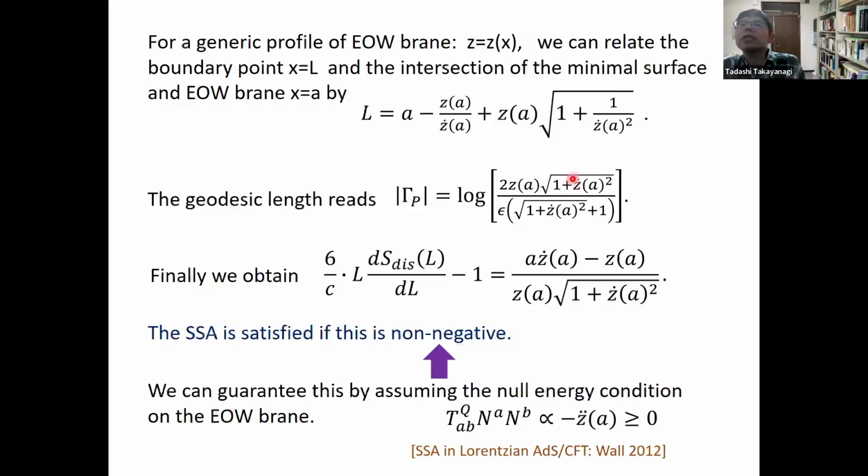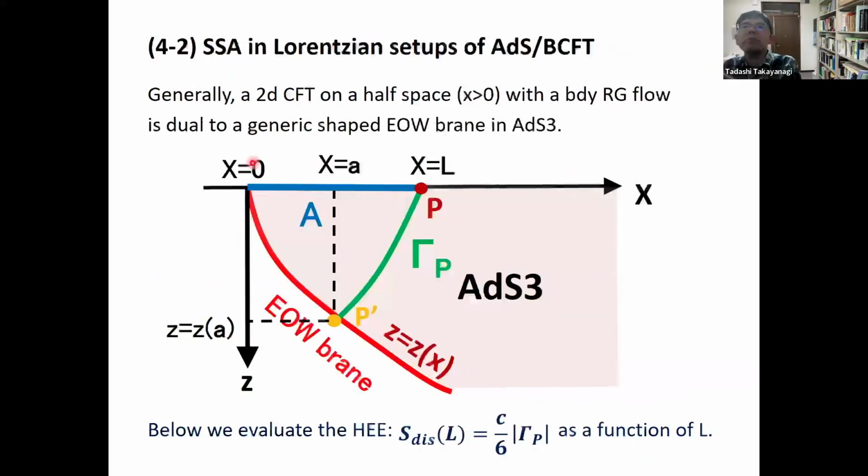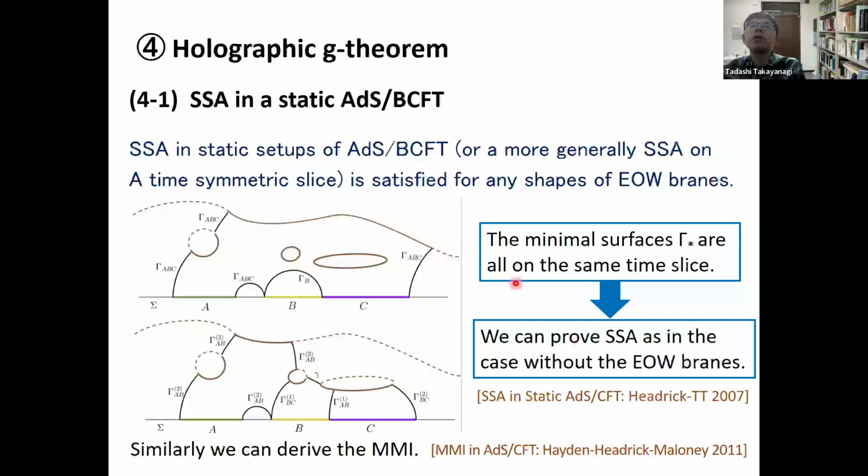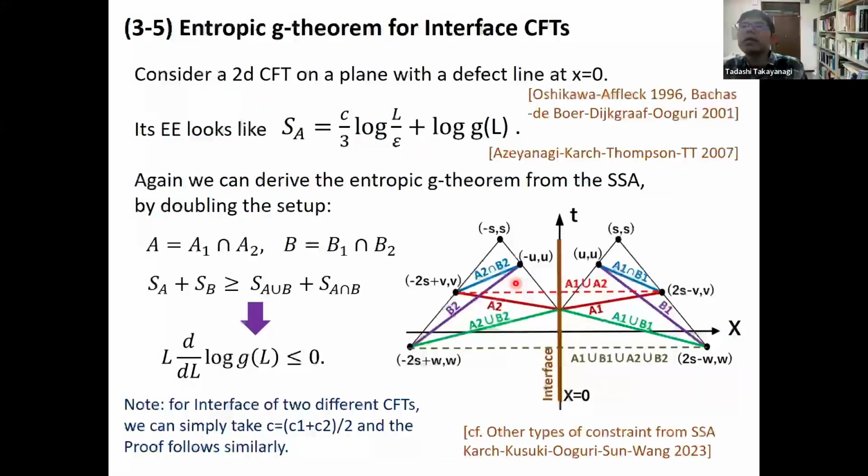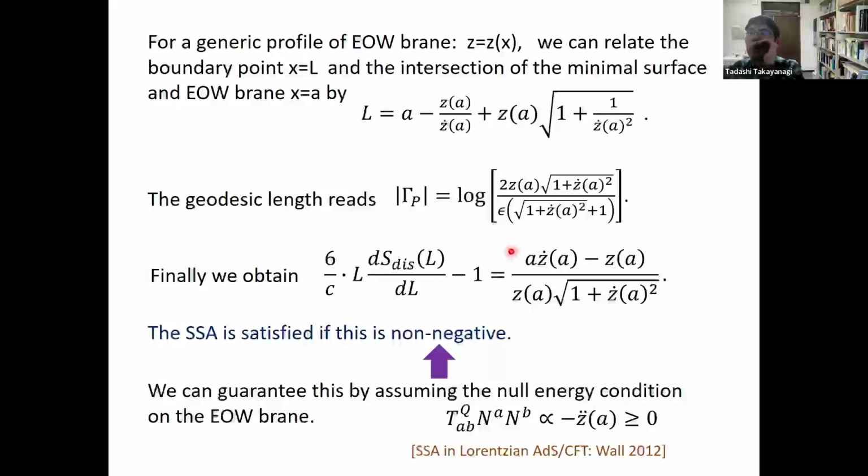This is basically the holographic entanglement, and we take a derivative of L. Capital L is the size of the subsystem. This is important to see, the G-theorem like this. We take a derivative of L, and in the end we reach this simple formula, just the derivative of the profile. This constrains the profile of the end-of-the-world brane, because this should be non-negative.